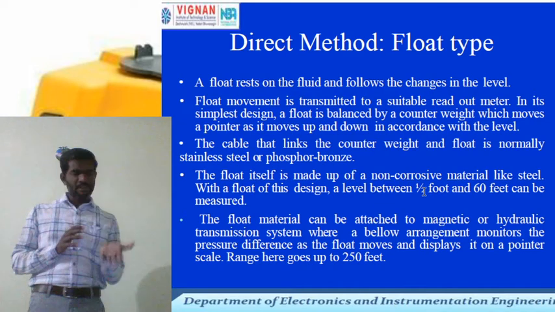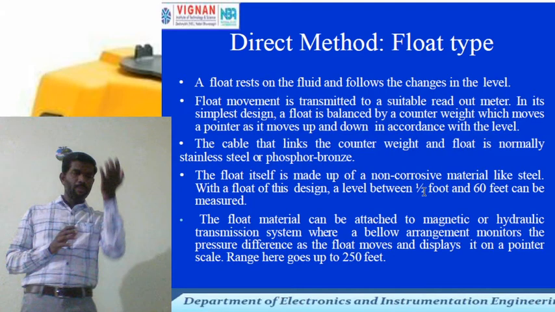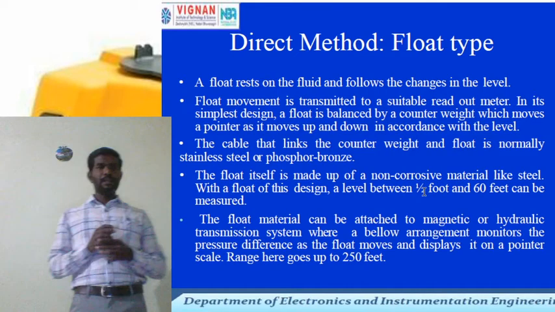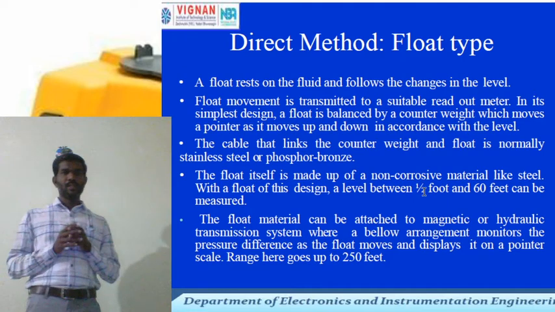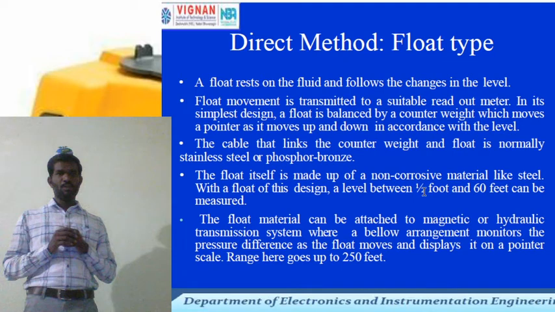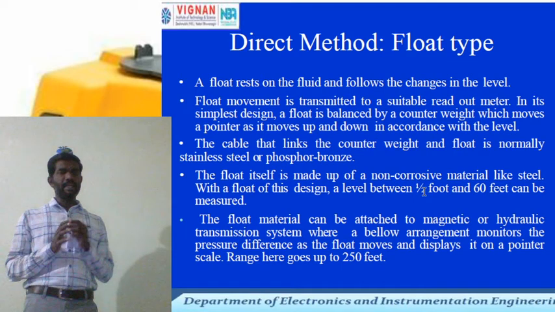When the level increases, the float will move upward. When the level decreases, the float will move downward. The cable that links the counterweight and float is normally a stainless steel or phosphor bronze type. Basically these are non-corrosive materials, and different types of non-corrosive materials like steel are used for float construction.